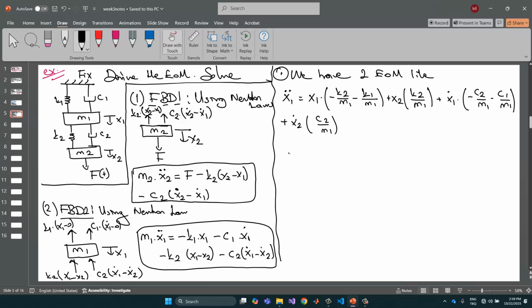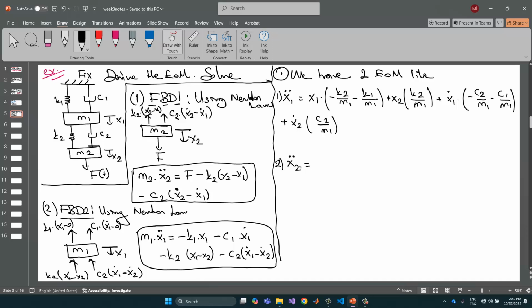Okay, this is the first equation, and the second equation, x2 dot dot is equal to what? This is not a minus, guys. This is the 1, this is the 2.